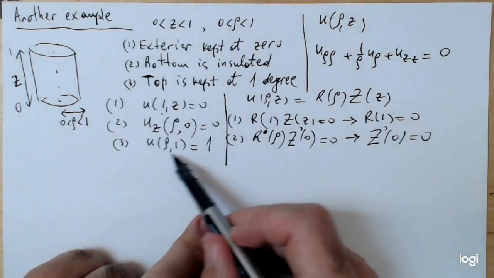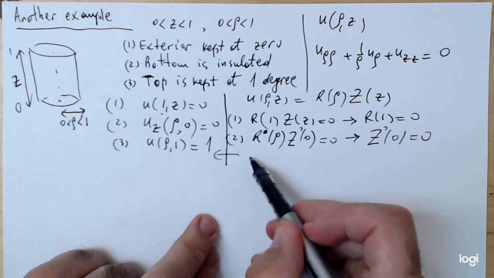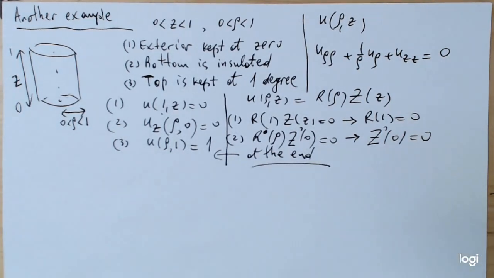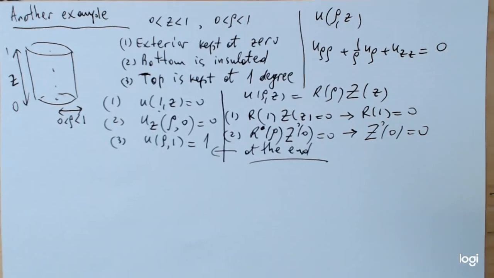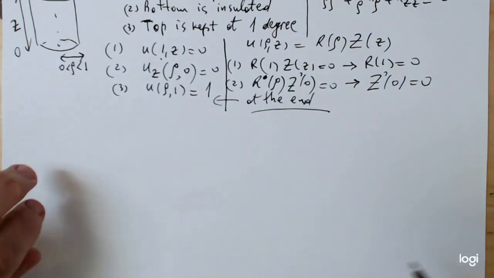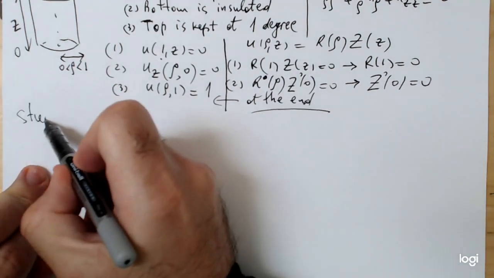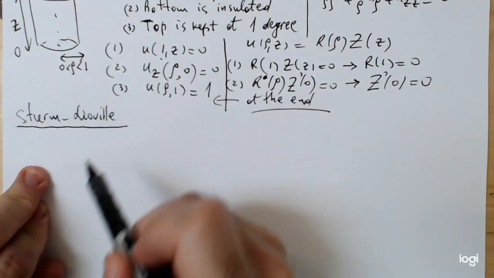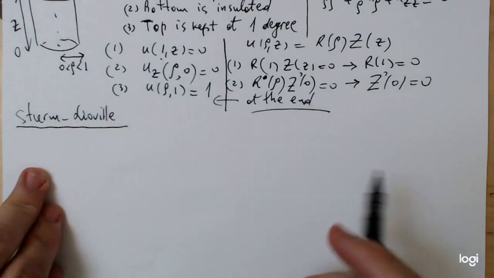And finally, this one, you leave it at that because you're going to deal with it at the end after the superposition principle, because it's a non-homogeneous condition. So the Sturm-Liouville problem, again, will be a Bessel equation of order 0.